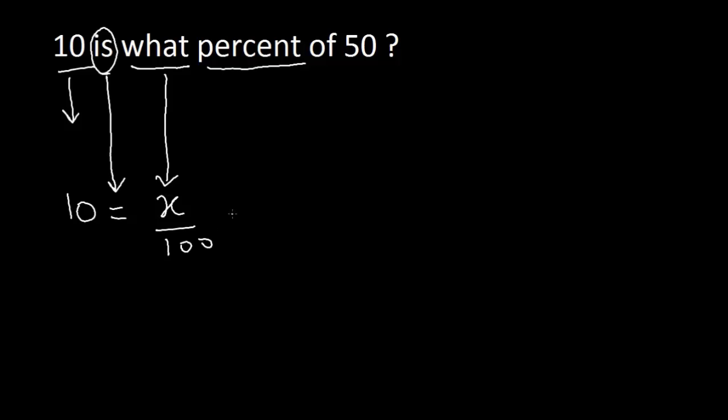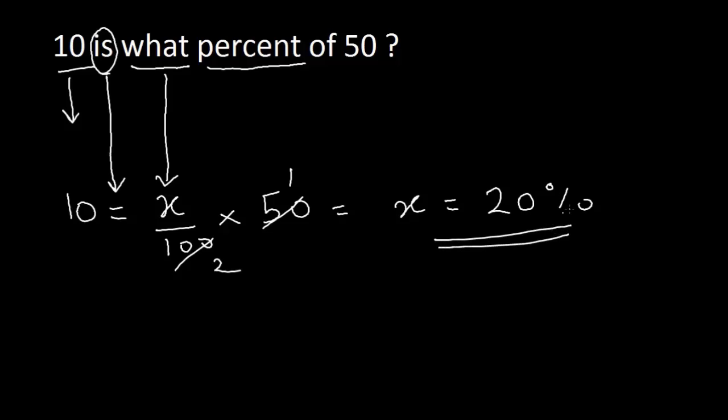In mathematical form, of is always a multiplication. So 10 is equal to x by 100 into 50. So this is 1 by 5, 2 by 10. So x is equal to 20%. I hope this is clear to you.